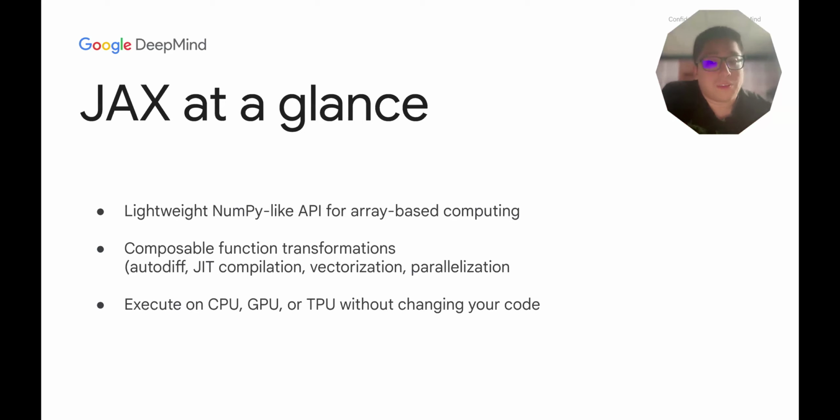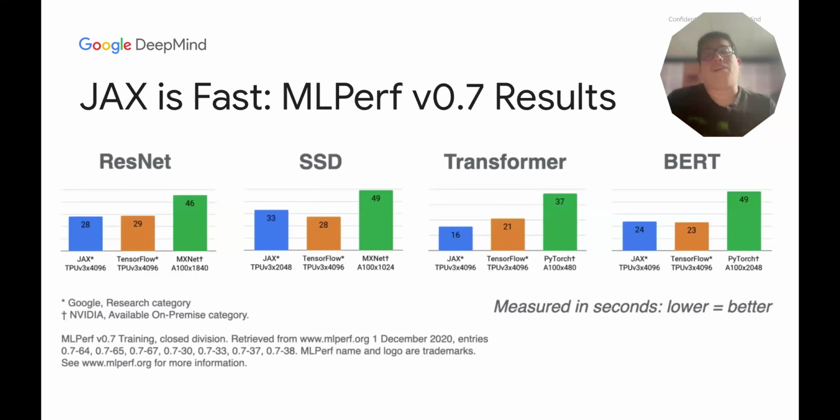Also, this allows me to execute my code on CPU, GPU, and TPU without changing any part of the code. The other cool thing that I found fascinating about JAX is that it's extremely fast. Here we have the results of the MLPerf comparison.